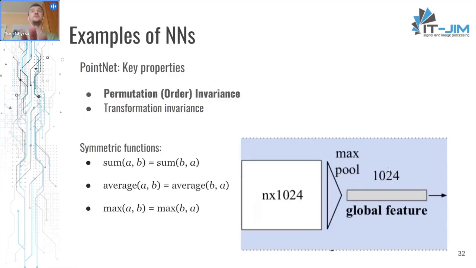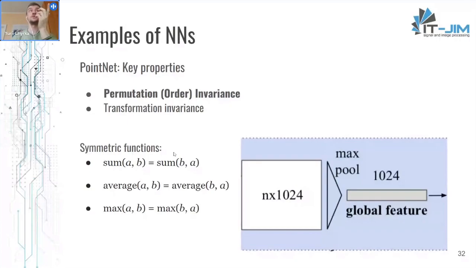So, key properties of this system. It should be permutation or order invariant. As I said, it shouldn't be sensitive to the order of points at its input. This property is achieved by using symmetric functions inside the system.